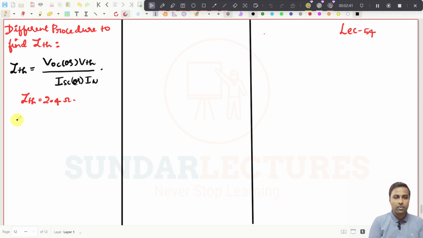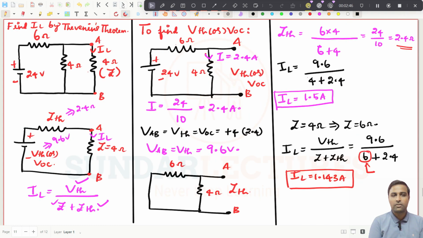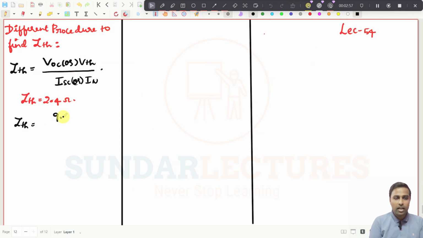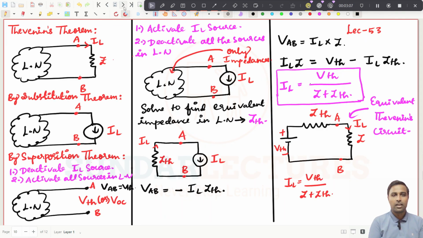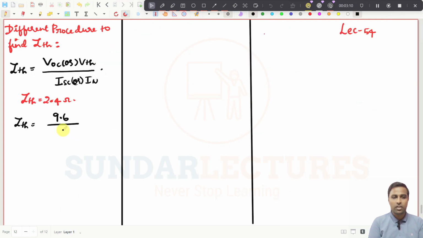But substitute in this equation now. See what VOC we have got in this problem. This is VOC or VTH, both are the same, 9.6 volt. So it will be 9.6 divided by ISC or IN, which we have got as 4 amps. If you substitute here, then ZTH obviously becomes 2.4 ohms.